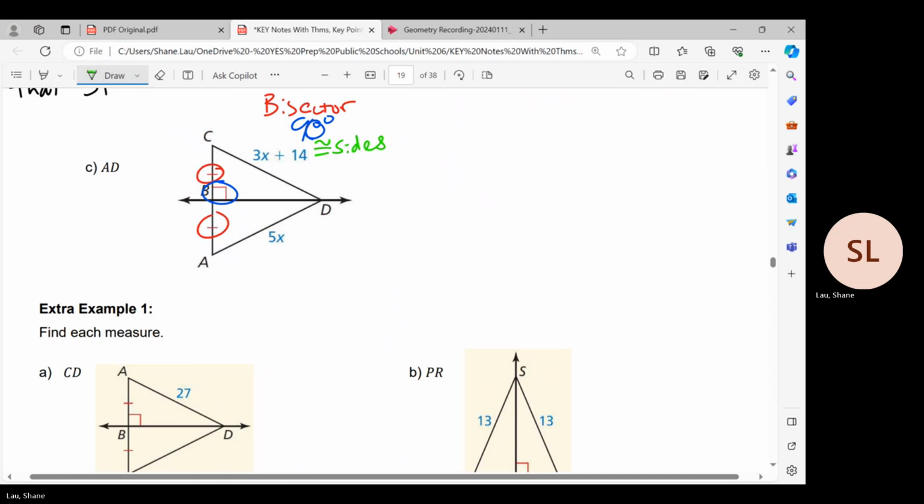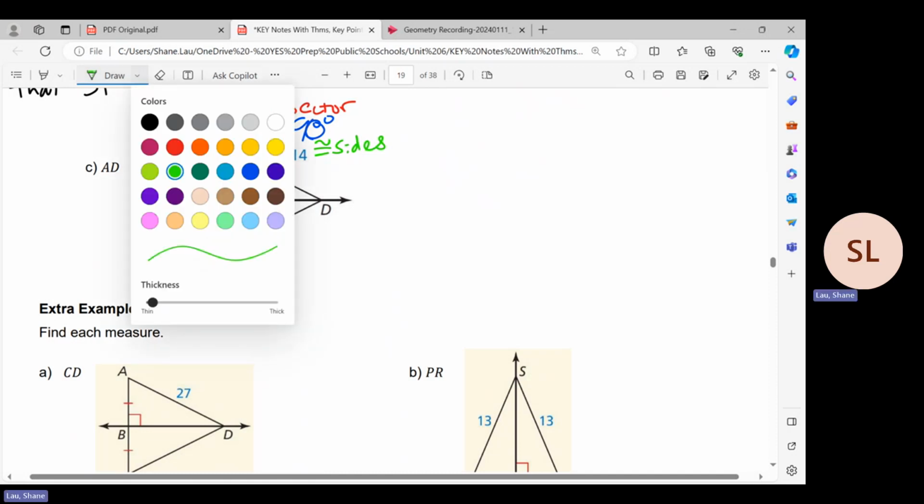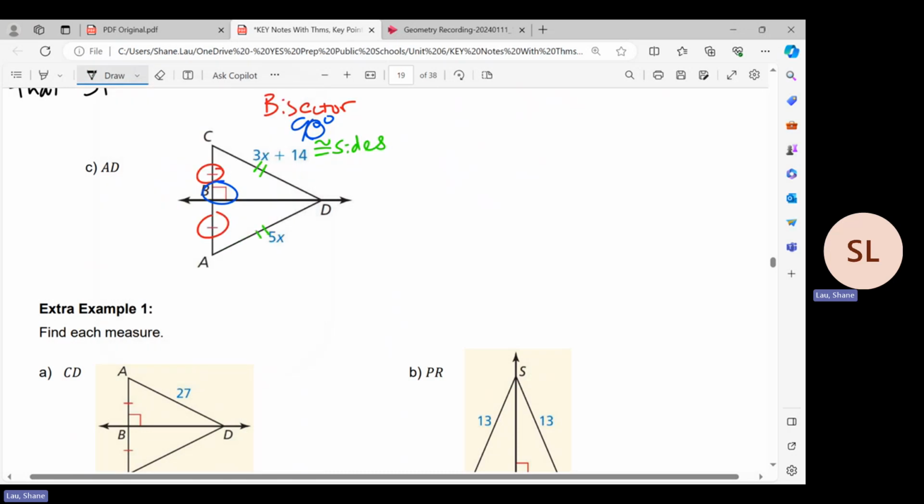Because we have that perpendicular bisector, we can say that these two sides must be congruent to each other. And because they are expressions, we have to put them equal to each other to figure out what the actual values are.